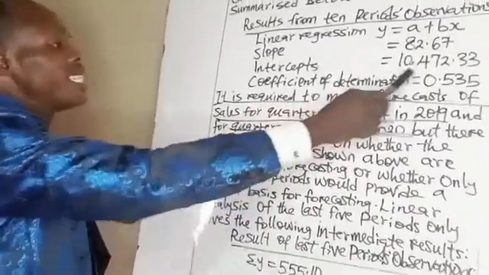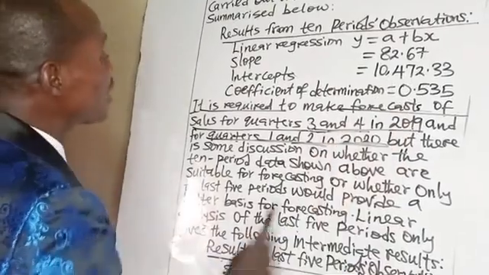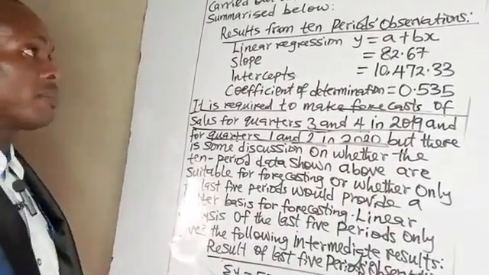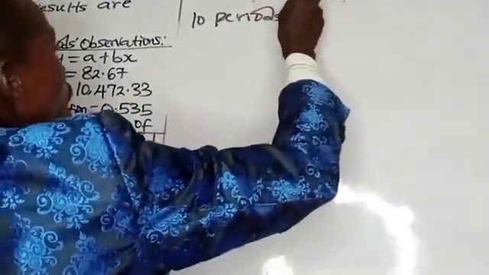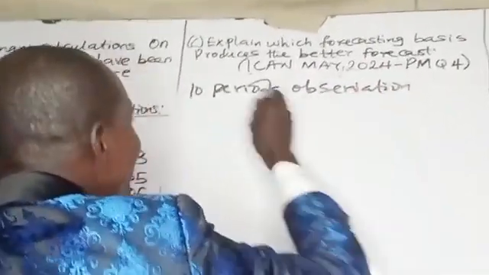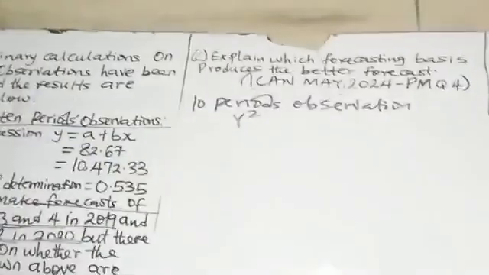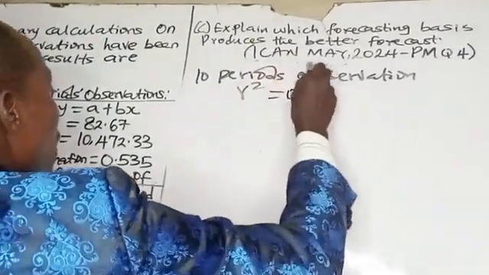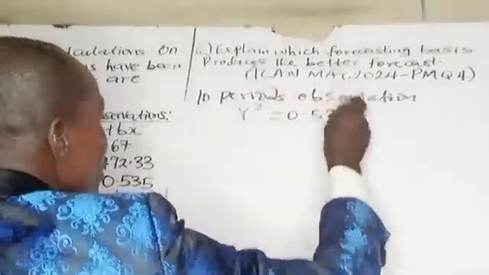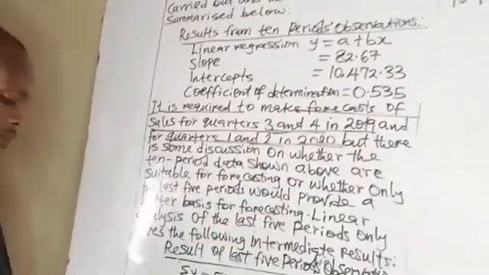The coefficient of determination for the 10 periods of observation has been given. The coefficient of determination, which is R squared, is given to be 0.535.